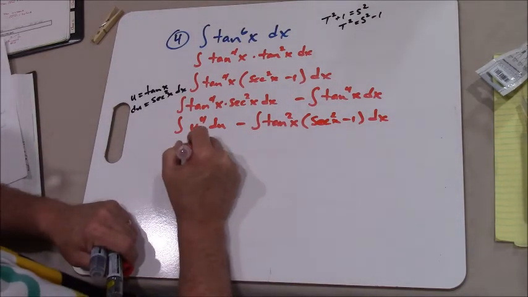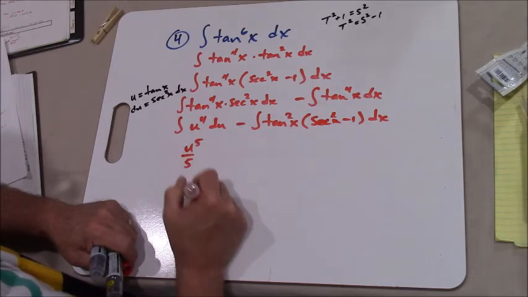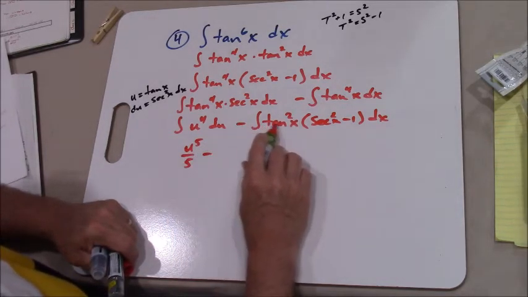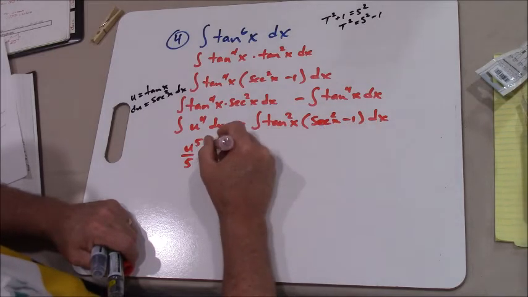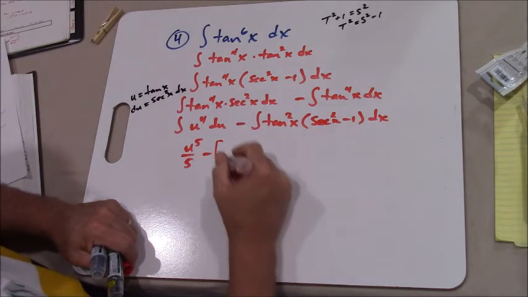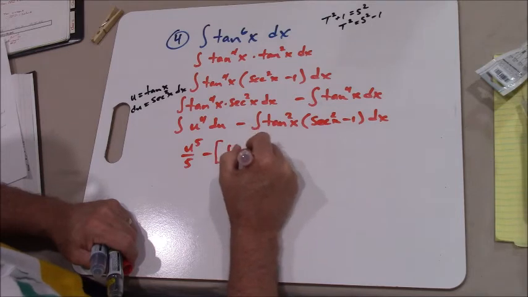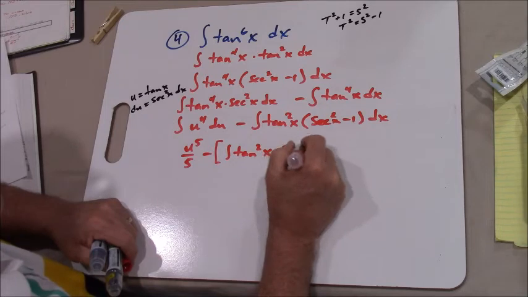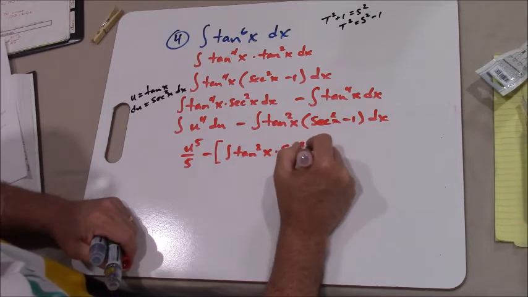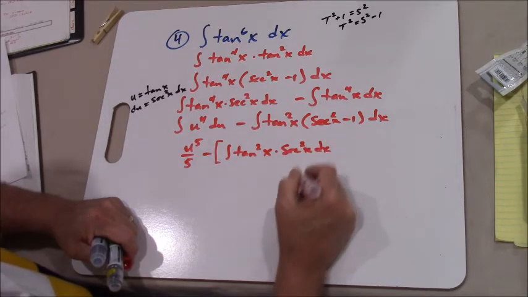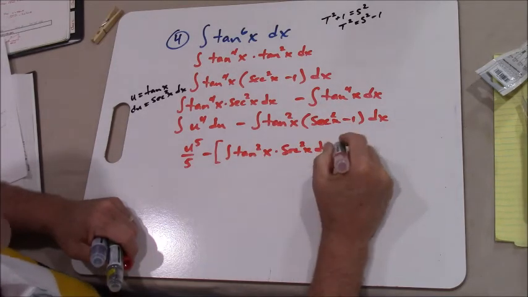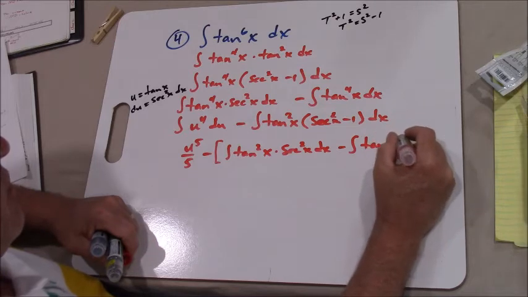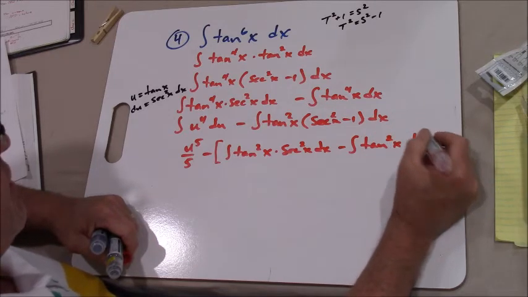Alright, so this will become u to the 5th over 5 minus, now I've got to be careful here, I have to subtract everything that this becomes. So let's just put brackets there. I've got an integral of tangent squared of x times secant squared of x dx. When I distribute that to here, I'll have minus the integral of a tangent squared of x dx.